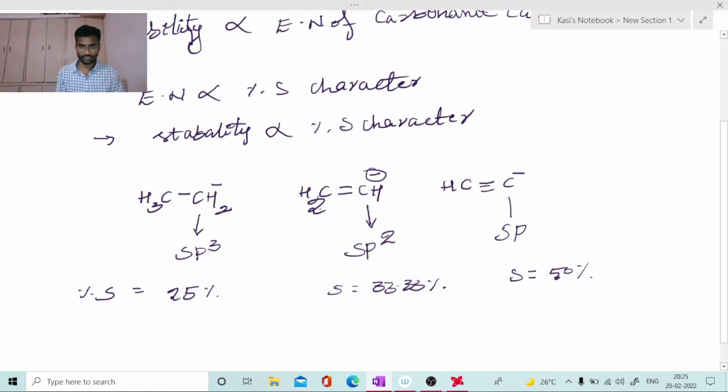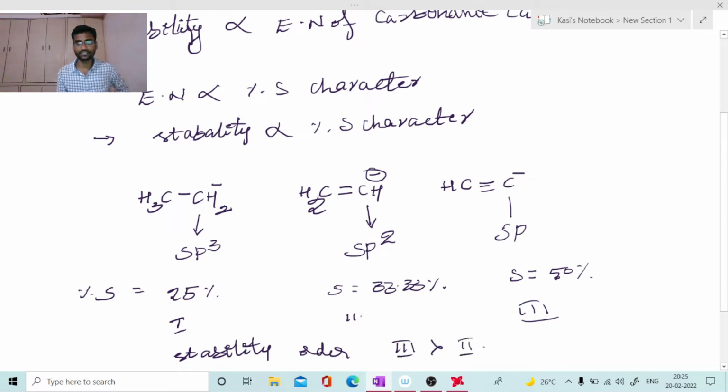I am going to give the numbering: this one is 1, this is 2, and here the numbering is 3. So based on the above point, the stability order is third one is greater than second one, and second one is greater than first one.